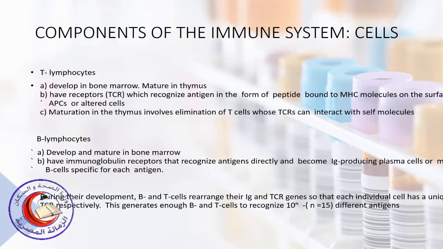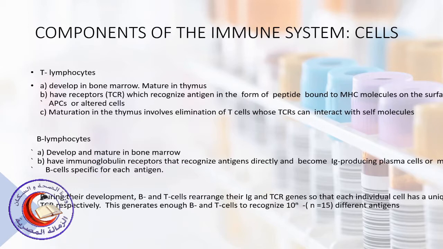During their development, B and T cells rearrange their immunoglobulin and T cell receptor genes so that each individual cell has a unique immunoglobulin or T cell receptor respectively. By rearranging, we mean that the gene for an immunoglobulin receptor or a T cell receptor takes many segments from other genes, so that it's a kind of combinatorial rearrangement.